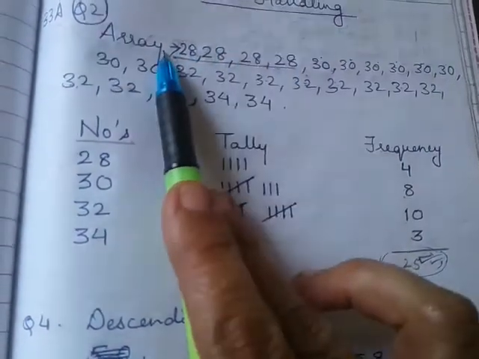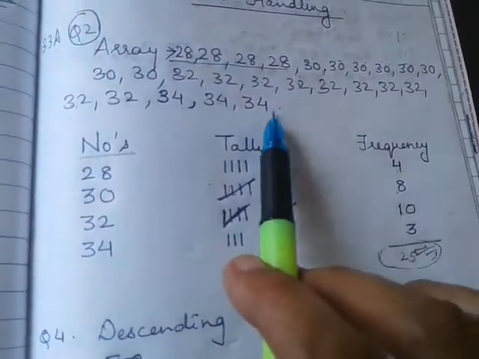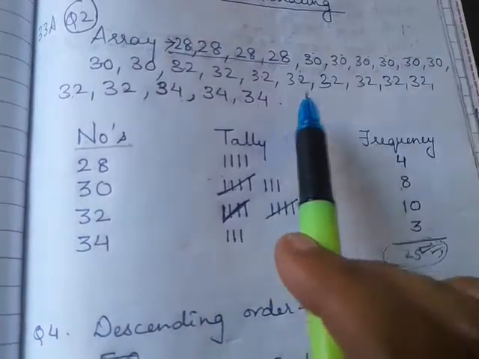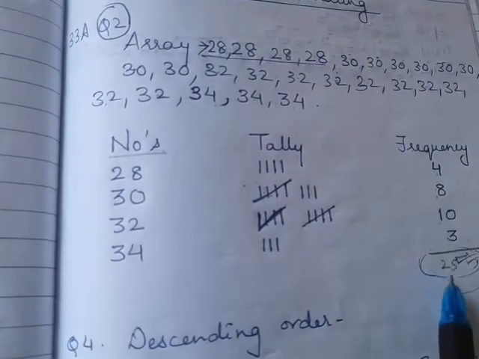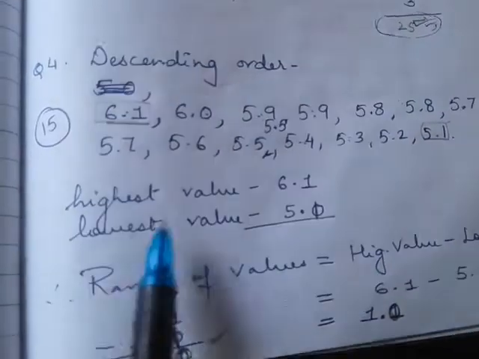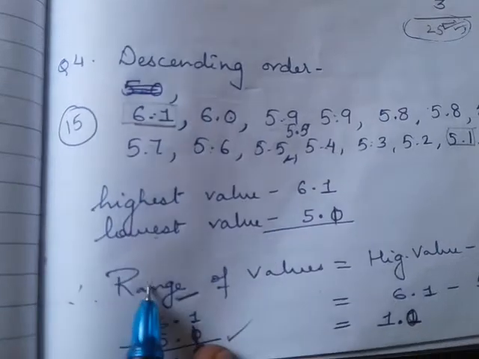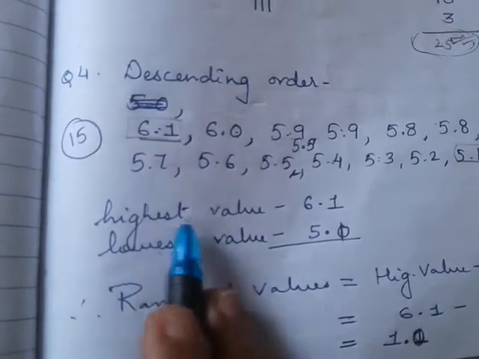Okay. So array means to arrange from ascending to descending or descending to ascending depending on the question if it is given. Okay. So this total is very important in that, and range means the highest value and the lowest value, and subtract them. Range is what? To subtract the lowest value from the highest value.